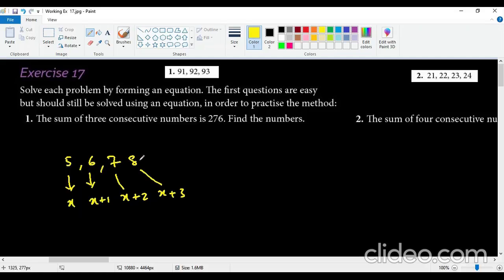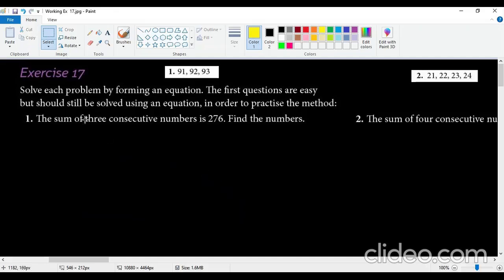But assuming the first number is x, the second number is going to be x plus 1. Now, another type of question is asked for the alternate numbers. So alternate numbers are going to be x and x plus 2 and x plus 4 and x plus 6 in this kind of series. Okay, this is just the start of these kinds of questions.